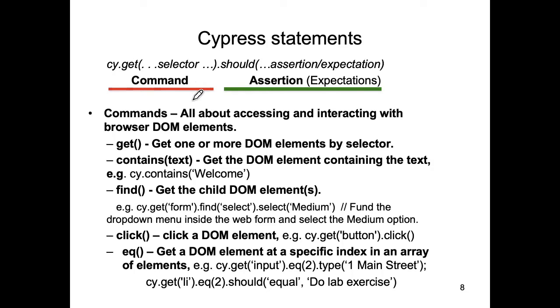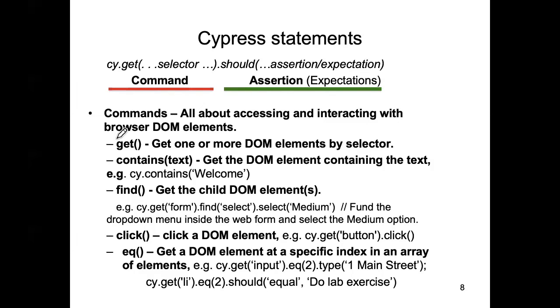Okay, so the commands are all about navigating or interacting with the browser's DOM data structure. By interacting, we saw on the previous screen when we typed something into the text box, that was an example of interacting with the DOM element.